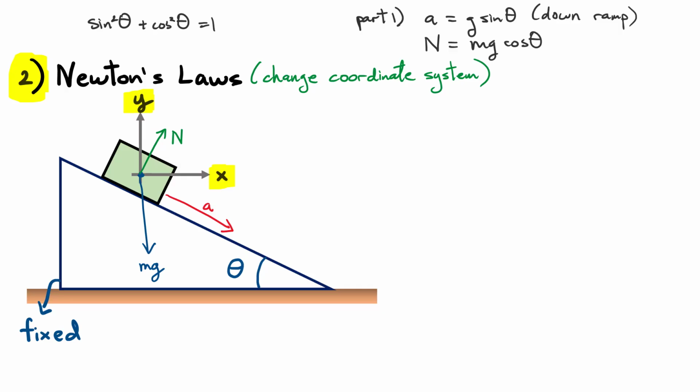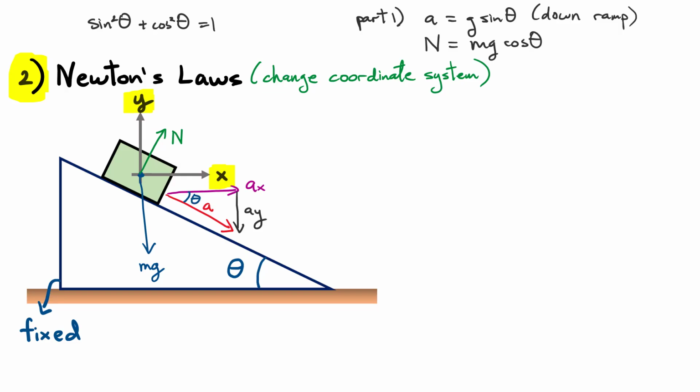Now, all you have to do is simply break that vector down into the new coordinate system. So this here would have a component along the new x-axis, and it would also have a component of the acceleration along the new y-axis. If this is the angle theta down here of the incline, then this here is also the angle theta.